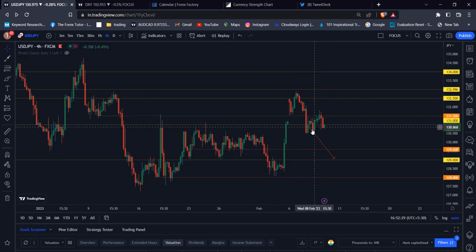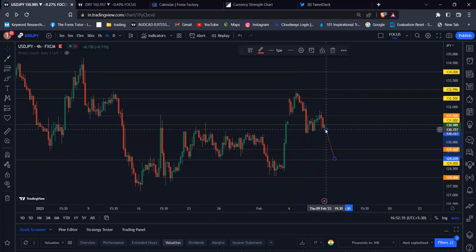So if the USD Yen fails this region, then our next target should be the 129.600 psychological number as the first target, and the second target should be the 129.00 psychological number. So depending on the dollar index strength, this will happen.